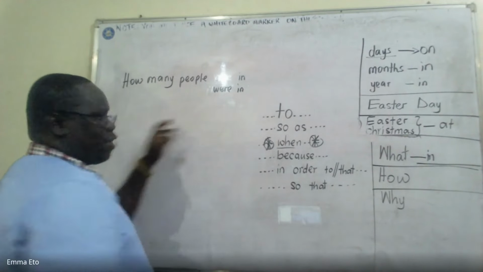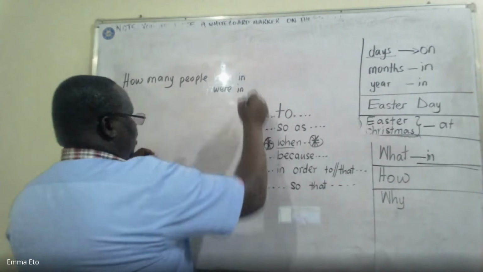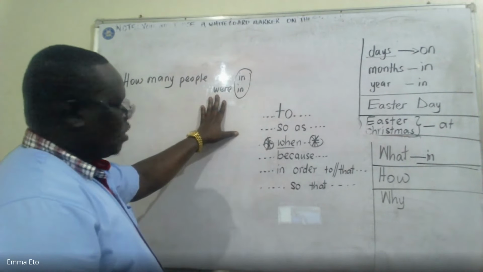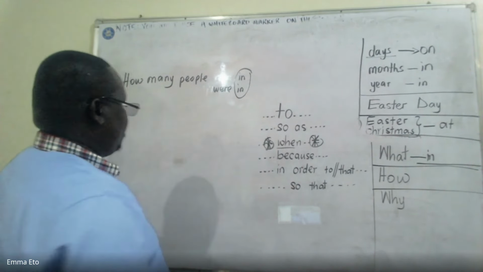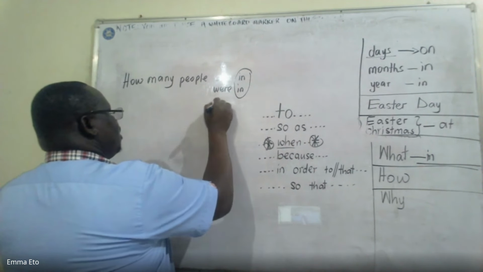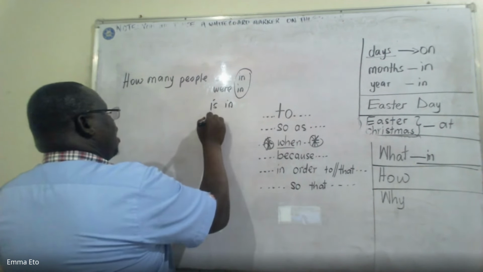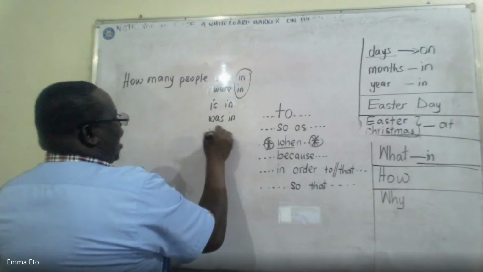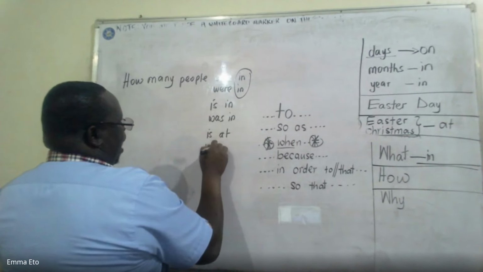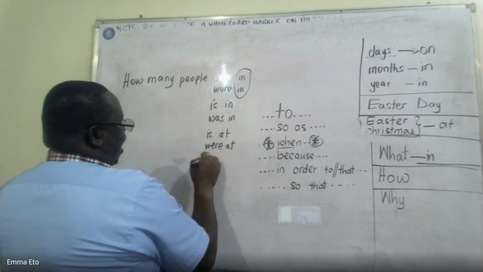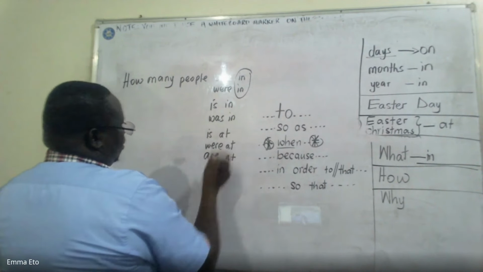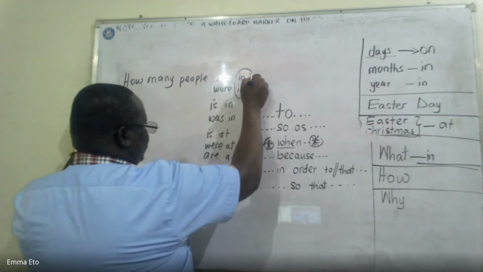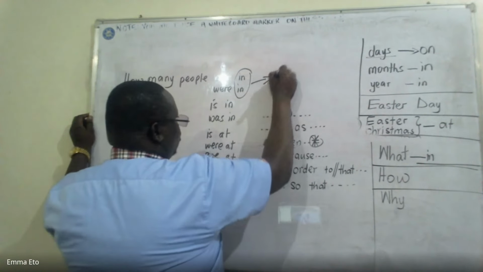When you have a preposition after these helping verbs, is in, was in, is at, were at, are at, all these prepositions point to a place.